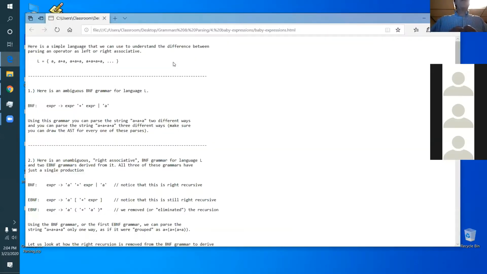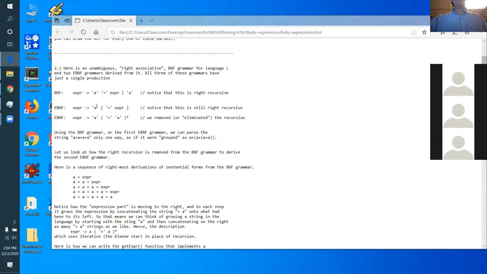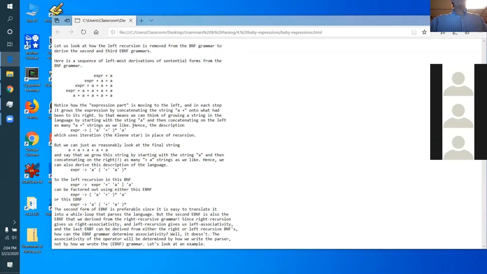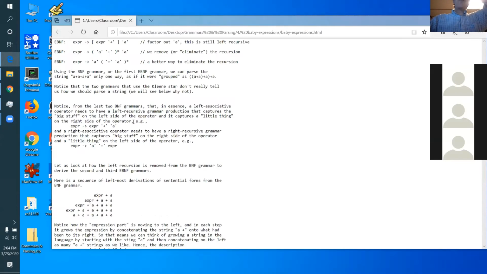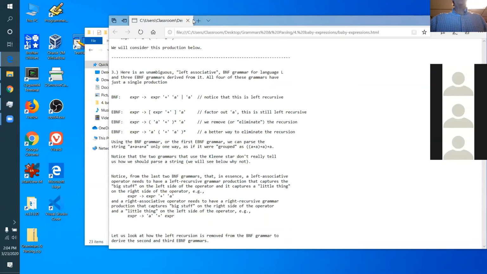We started with just a language of just one operator, addition. But we could make it left or right associative. We talked about making it left or right associative by writing a grammar in a couple different ways. That's what we did before break.